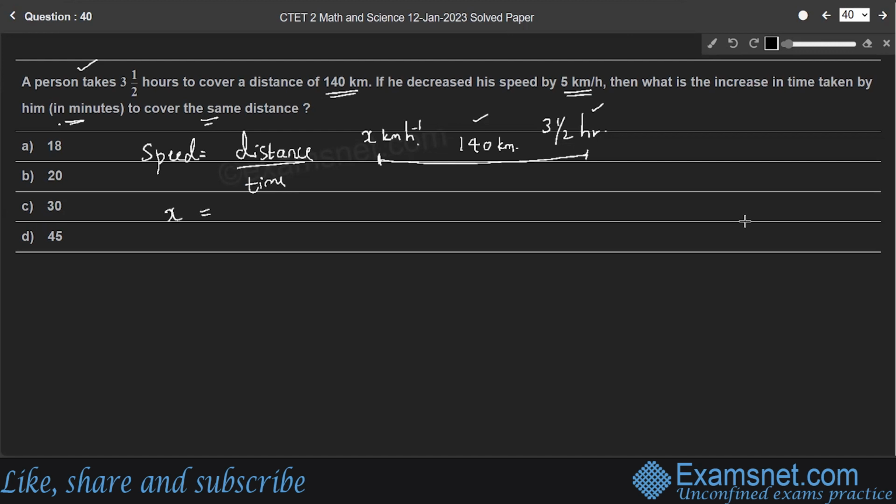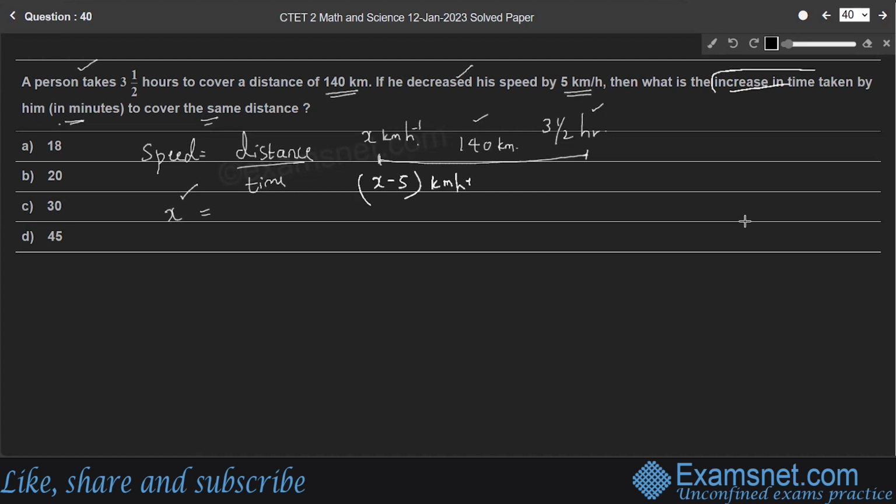Using this formula, we'll find the value of X. Here the question is, if he decreased his speed by 5 km per hour, in the second case the speed is X minus 5 km per hour. So instead of X, if the speed is X minus 5 kilometer per hour, then what is the increase in time taken by him to cover the same distance?